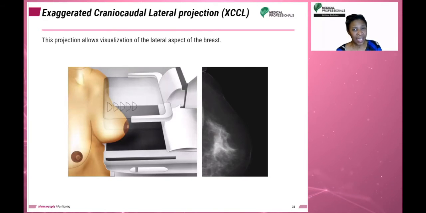Now the XCCL is used to get the far lateral aspect of the breast. In this projection, again, the patient is positioned CC, and then no tilt. You're simply turning the patient medially, so you're getting the far lateral aspect of the breast. And depending on the breast size, you may not actually see any medial breast tissue, as shown in this image. You may not necessarily see breast tissue on the plate.